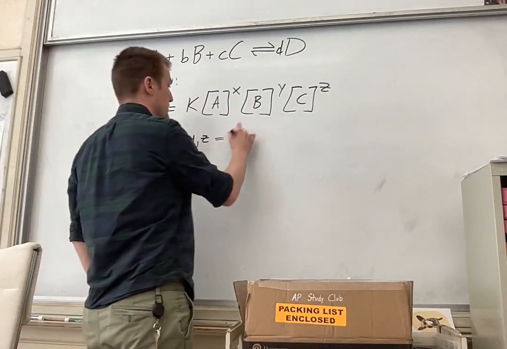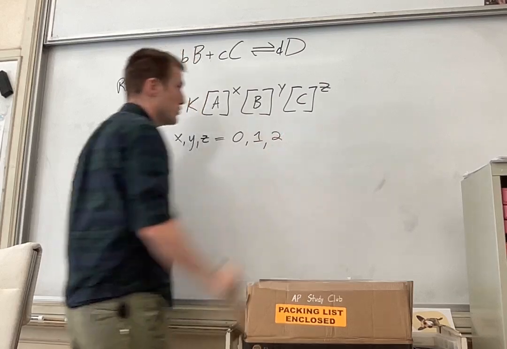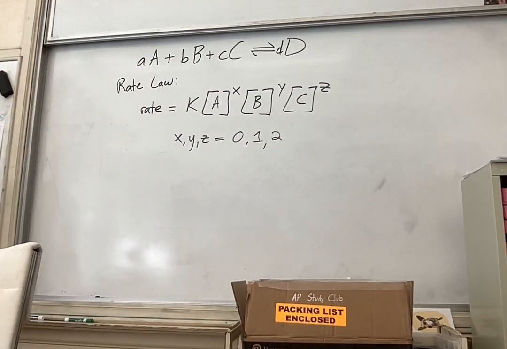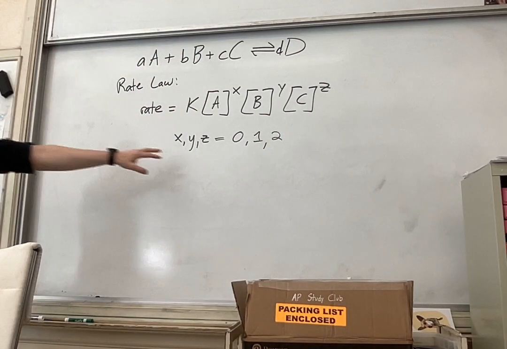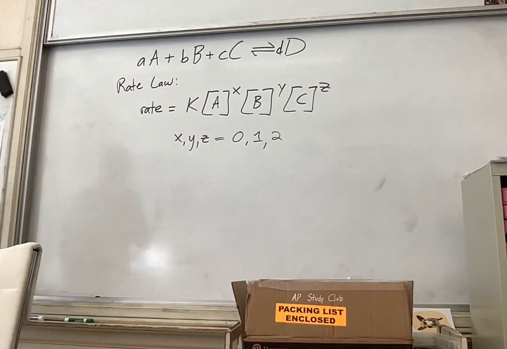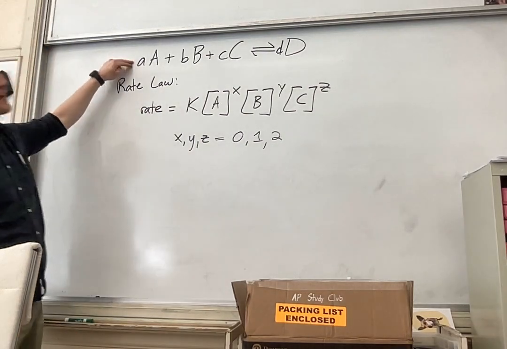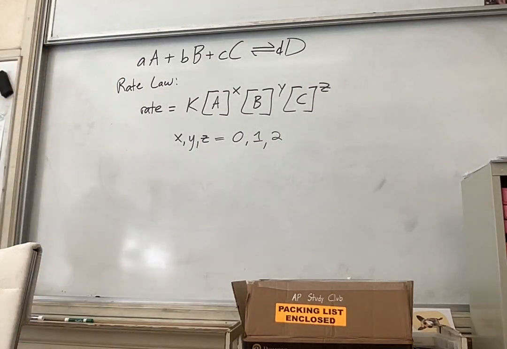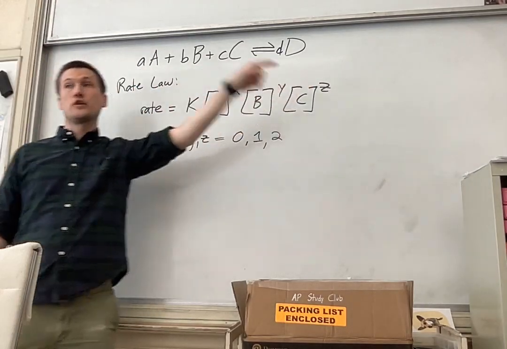Those are usually going to be either 0, 1, or 2. And to know which one they are, you have to either look at experimental data of the rate, or you have to know specifically what the mechanism is for that reaction. Like, what are the elementary steps that cause this overall reaction?